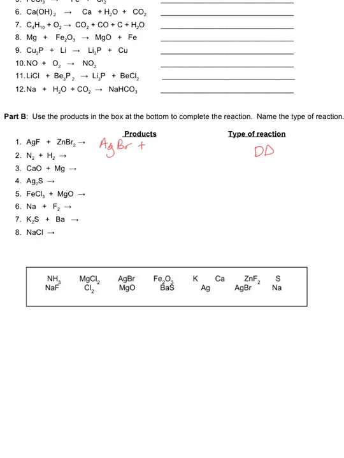Also, for a double displacement pattern, the third thing, the Zn, goes with the second thing, the F. So I'm going to look in my box and look for those two elements together and copy down the products. Try the rest of these questions out as well.